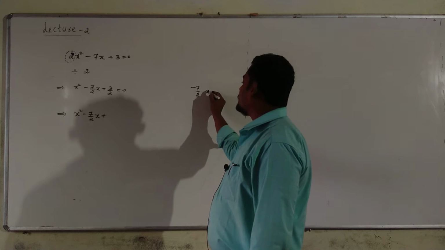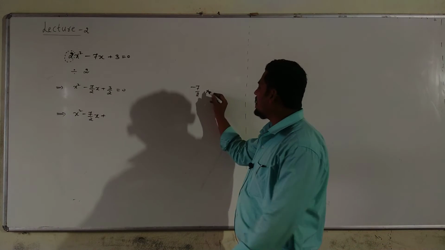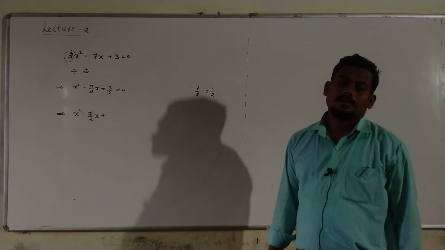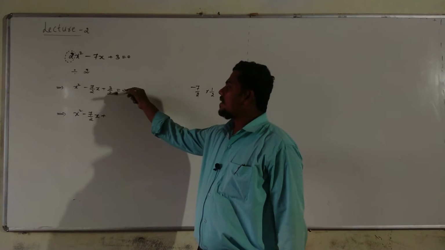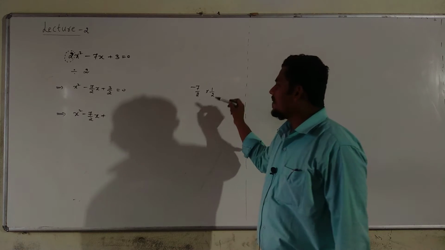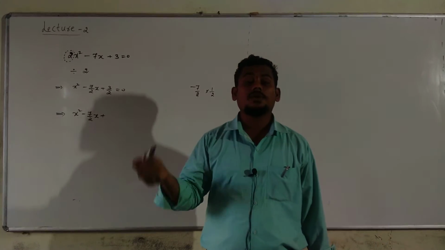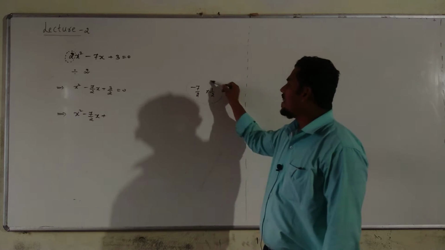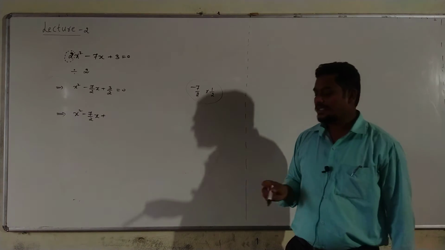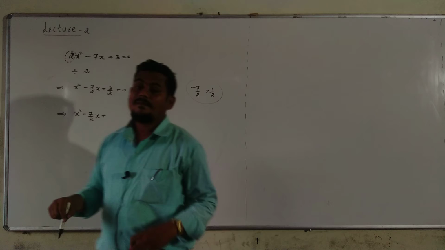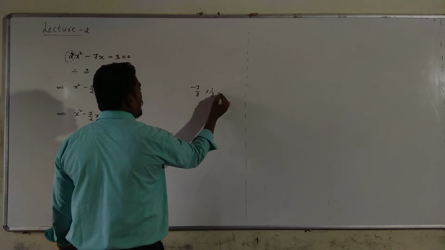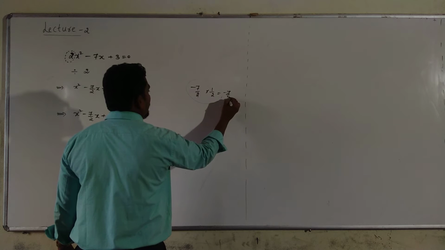Take its half, meaning multiply it by 1 by 2, which gives minus 7 divided by 4. Take its square.